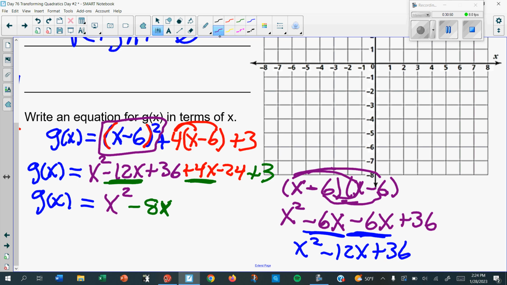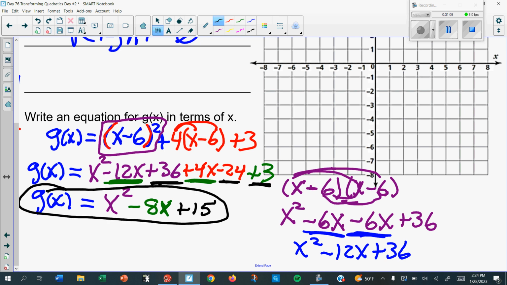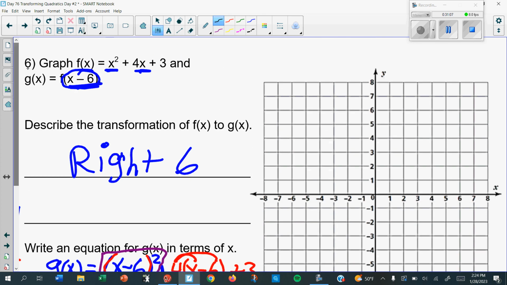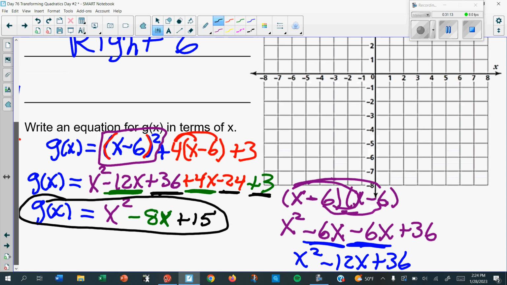And then 36 minus 24 is 12. Plus 3 is 15. And that should be the right answer. And if you were to graph this and graph this, you would see that the second graph was right 6 of the previous one. Okay?